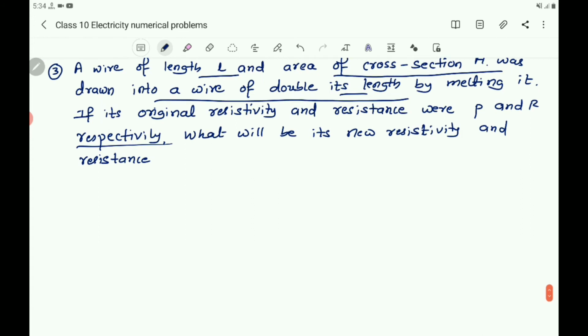So, the volume of the wire remains same in both the cases.